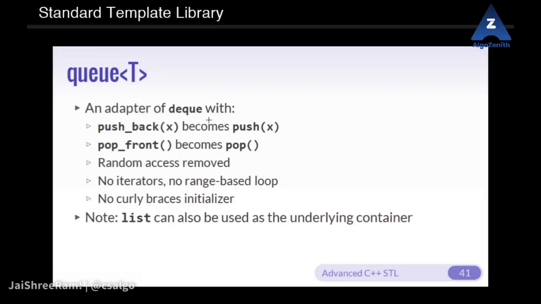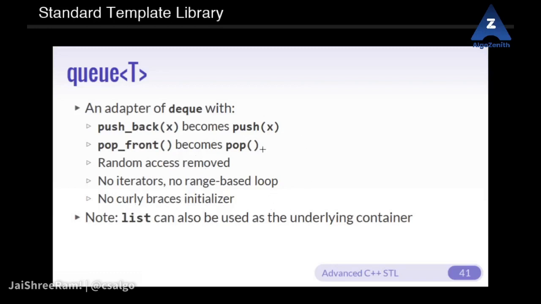So an adapter of dq with just the push back and pop front: the push back of dq becomes push, the pop front of dq becomes pop, random access gets removed, no iterator, no range based loops, no curly braces initializer.